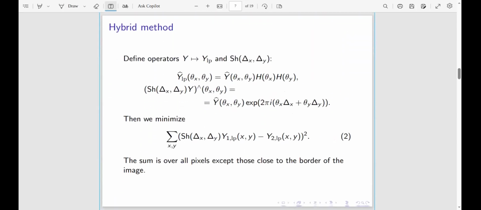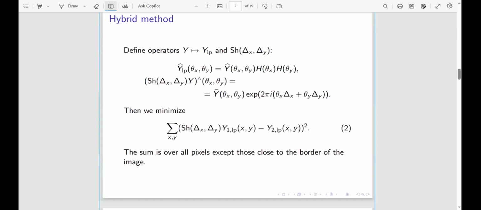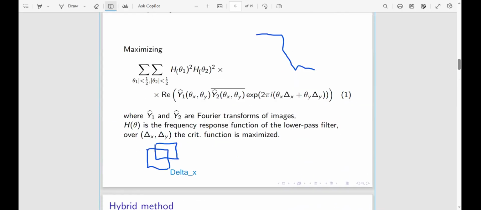So I used a hybrid method which combines shifting phases of the Fourier transform.